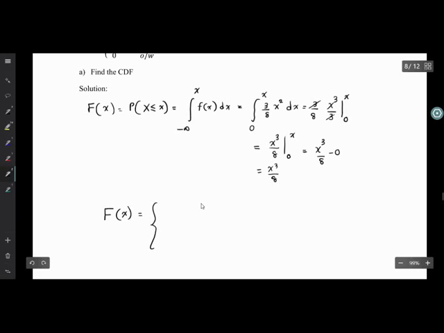The support starts at 0. For all the x's less than 0, the value is 0.